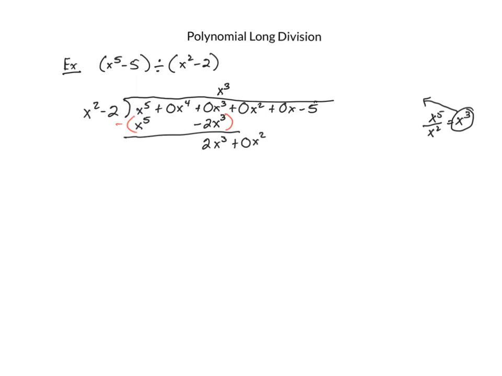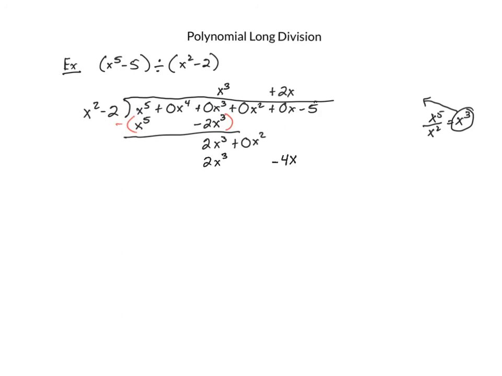So I'm going to put plus 2x right here. So I multiply 2x by x squared minus 2, and I get 2x cubed minus 4x. And at this point, I realize I'm going to have to scoot that 4x over here. That minus 4x needs to be over here.